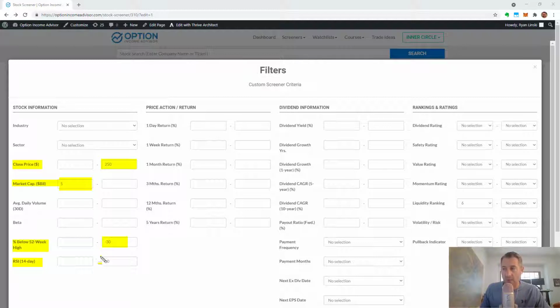This is a pretty widely used technical indicator. It's a 14-day technical analysis tool, a momentum indicator. As a stock has really poor momentum or has sold off significantly, there are metrics in there that show whether it would be oversold or overbought.